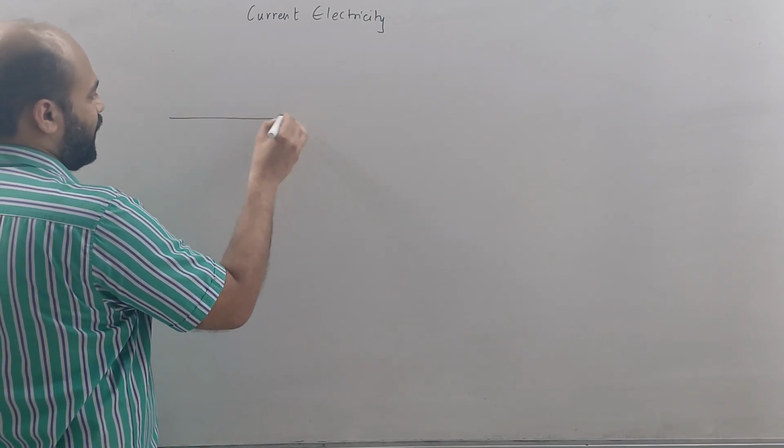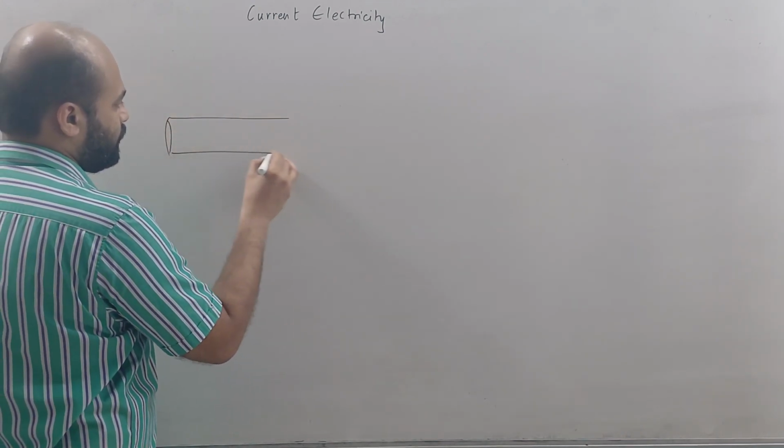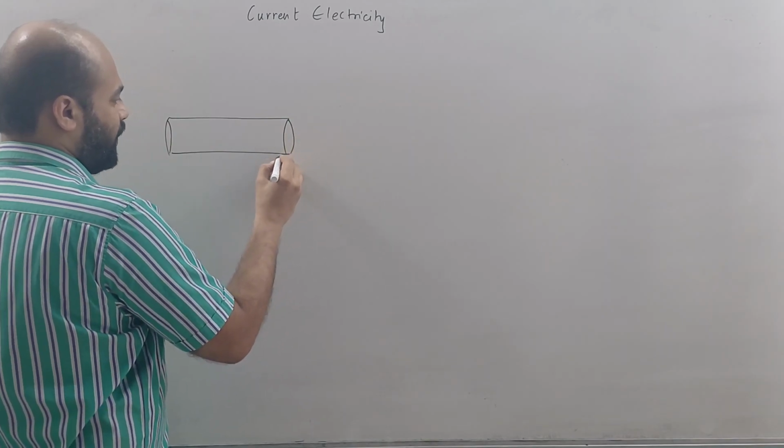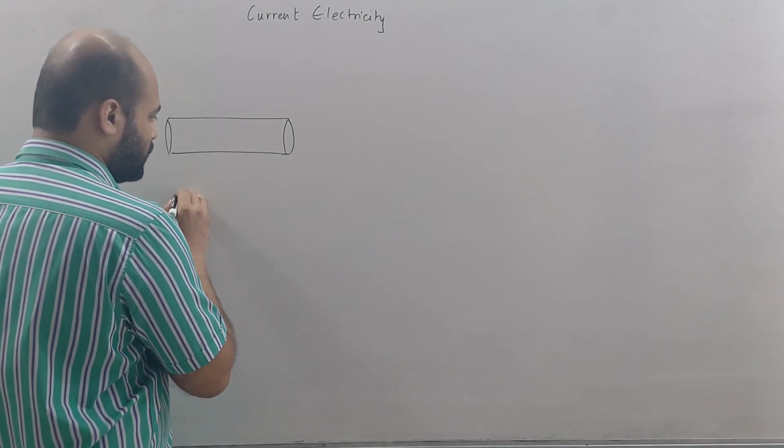Let's see another variation of this. So this is a very important concept. Let's say we have a wire which is having this kind of a cross section. Now if it is stretched so that its length increases, it will look like this.